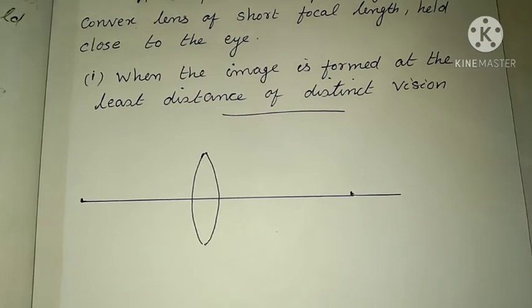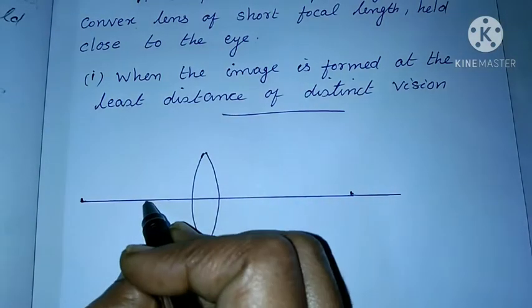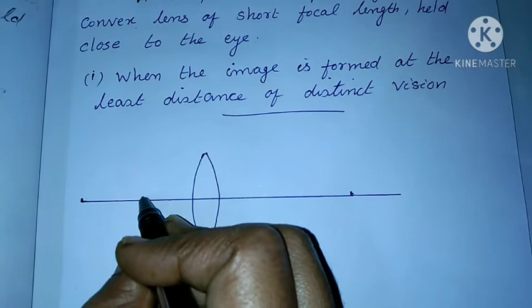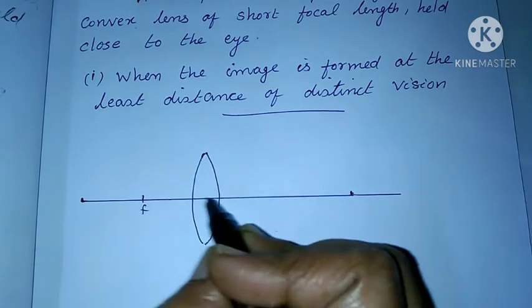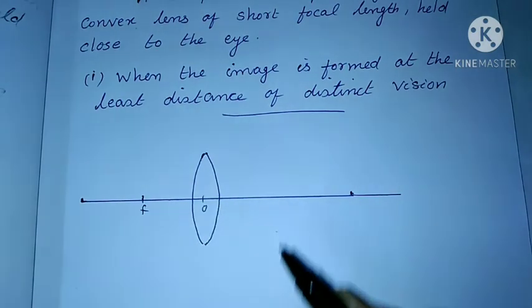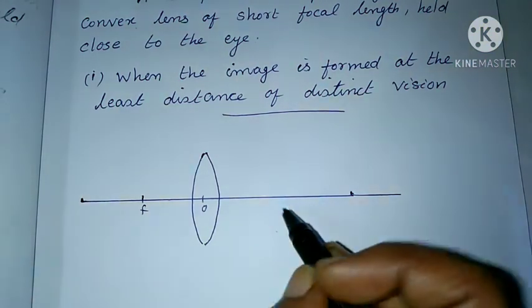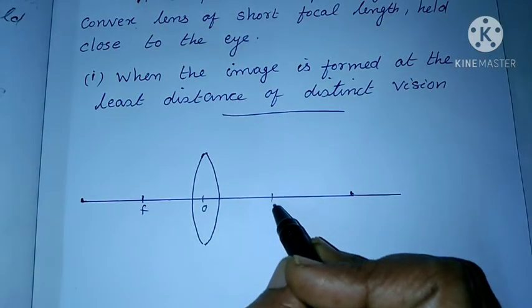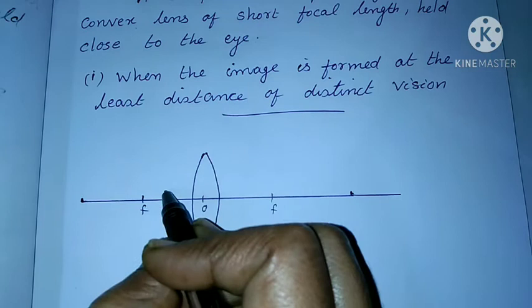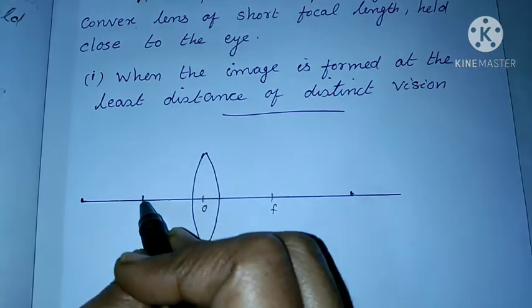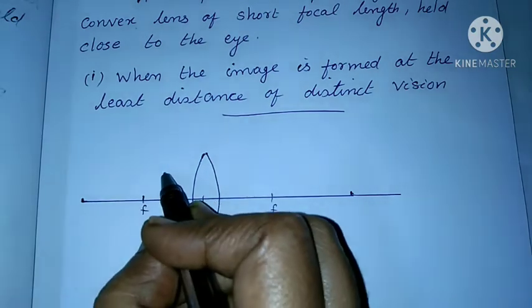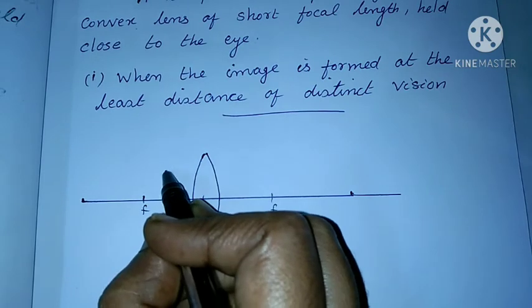So that we can draw in the figure. Here we take the focus F, and this is the optic center. This side also a focus is there. Then when the object is placed in between focus and optic center, we can place the object here.